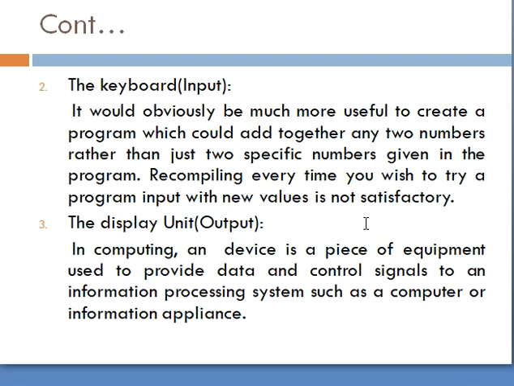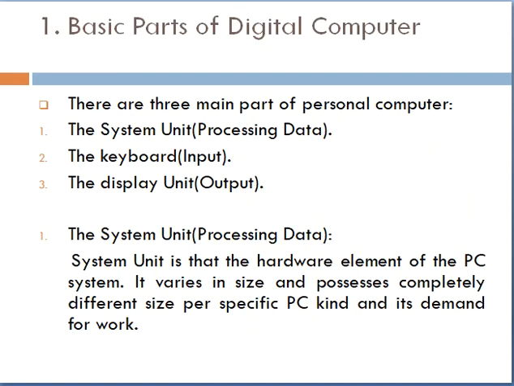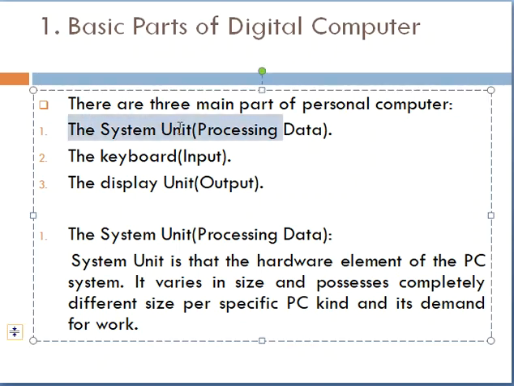These are all the digital system unit parts. Basically we divide them into three categories: system unit as processing data, keyboard as input, and display unit as output, which we consider as a monitor.